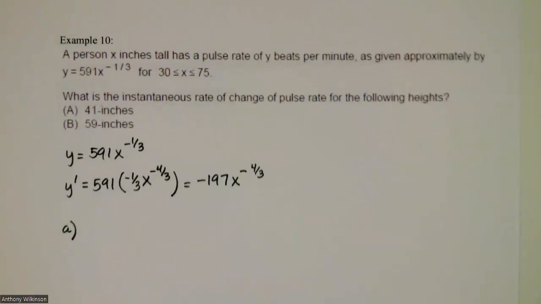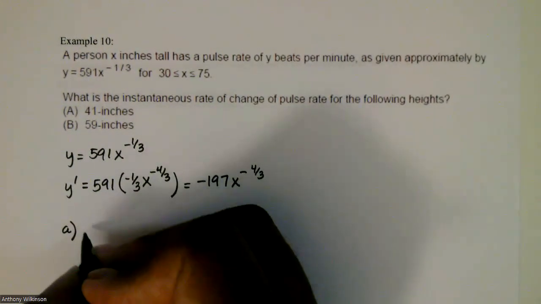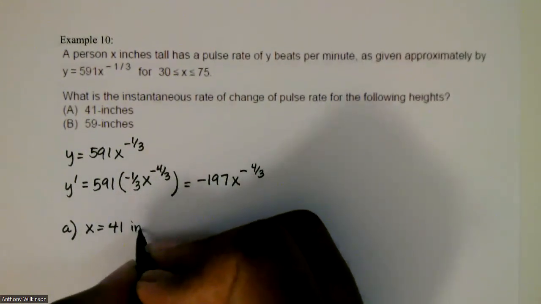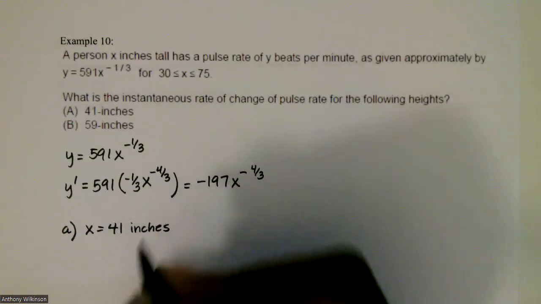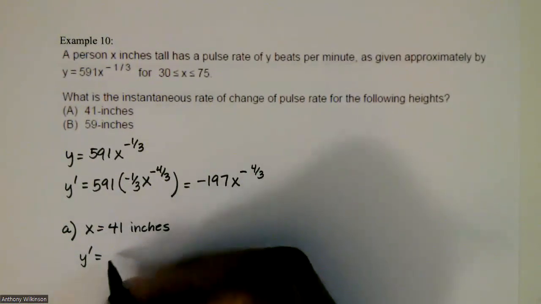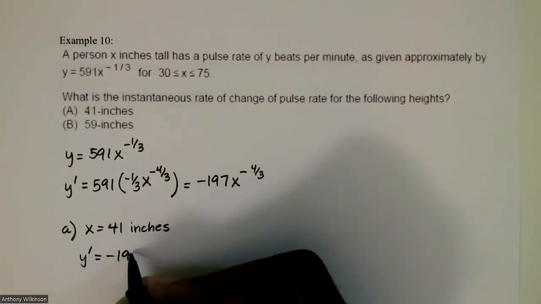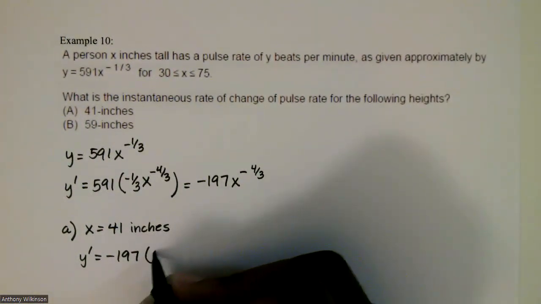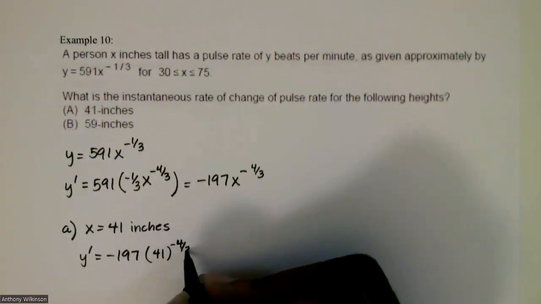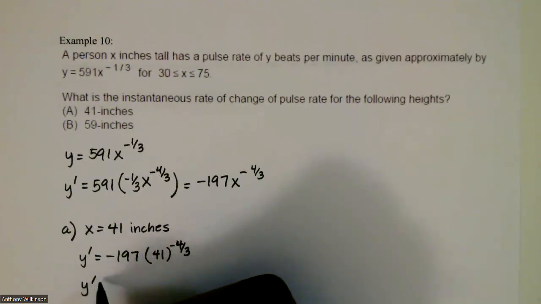So let's use that to answer parts A and B. The instantaneous rate of change for 41 inches. Here, x will be 41 inches. So y prime at x equals 41 would be negative 197 times 41 to the negative 4/3 power.